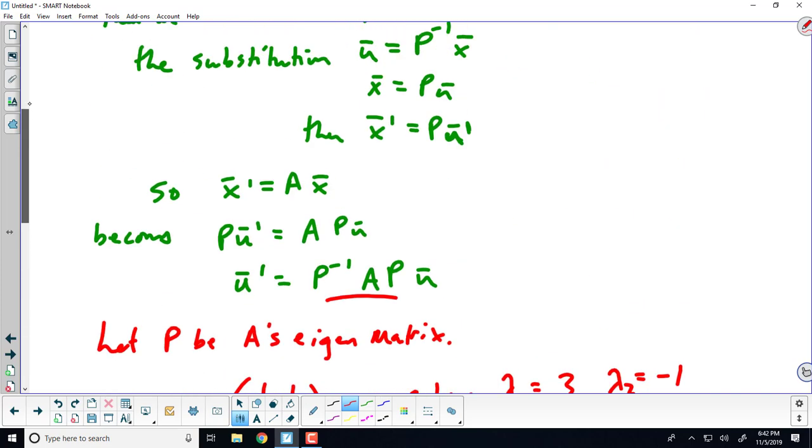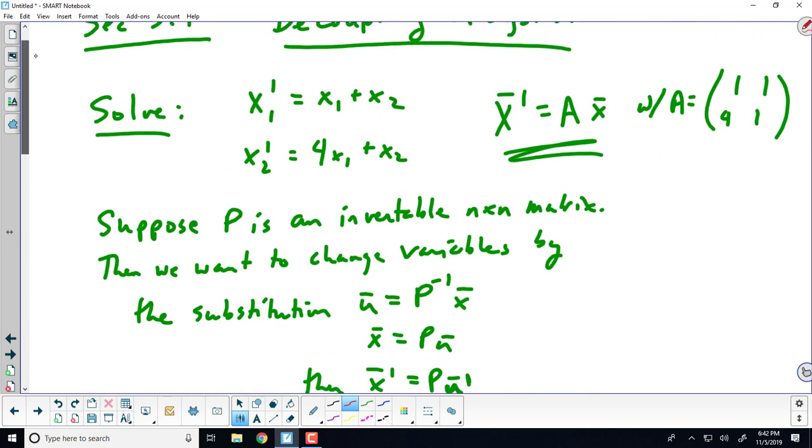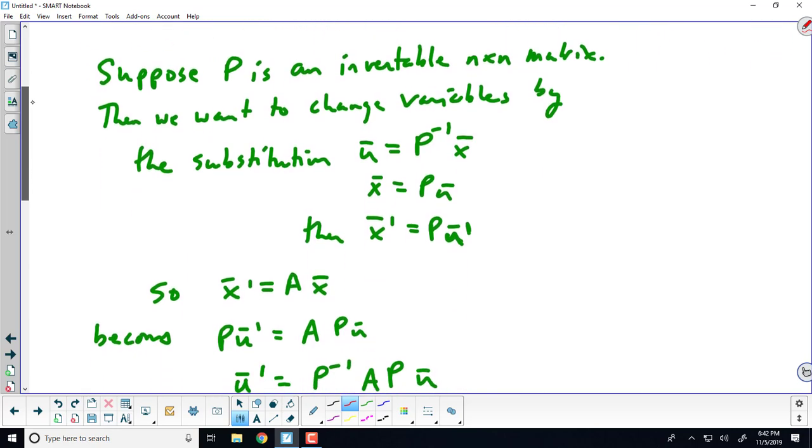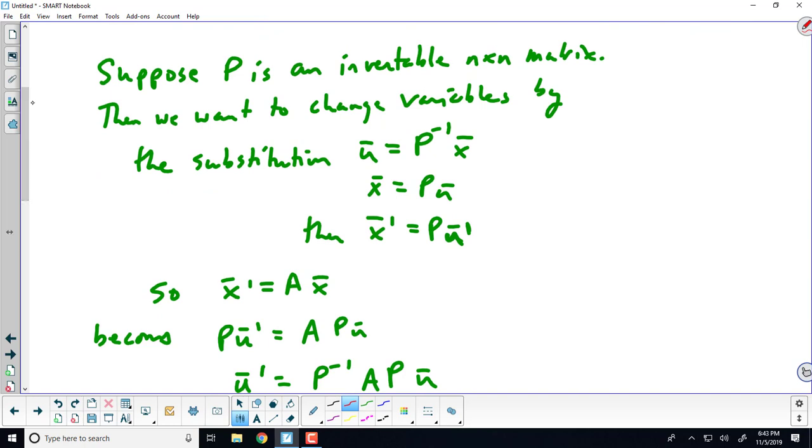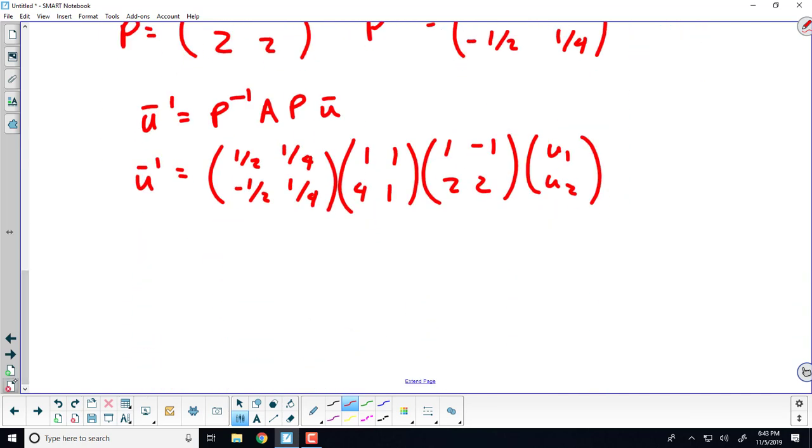We started with this original system of equations, but we did this substitution of variables by multiplying x bar by P inverse. That's our substitution. It's not entirely clear why we've done that. That shouldn't be clear at this point. But it is a substitution, so solving this system, finding the solutions in terms of u will be equivalent to finding the solutions in terms of x.